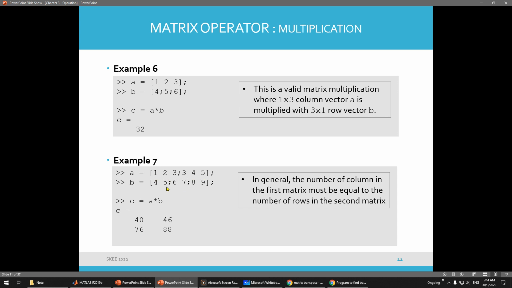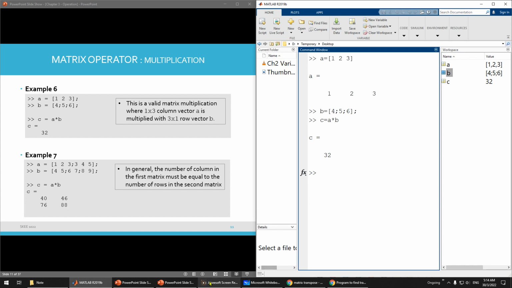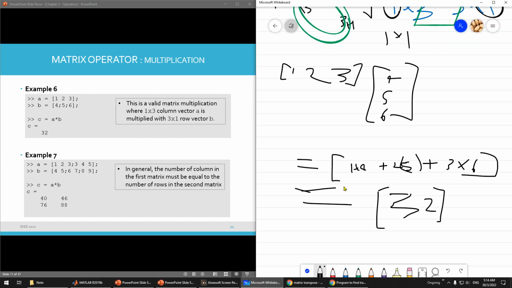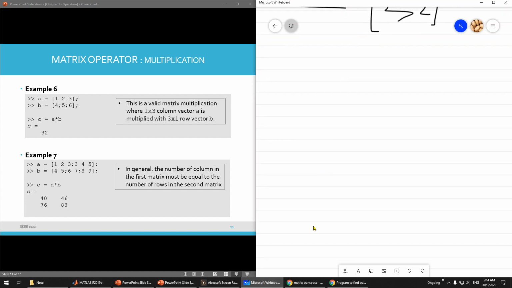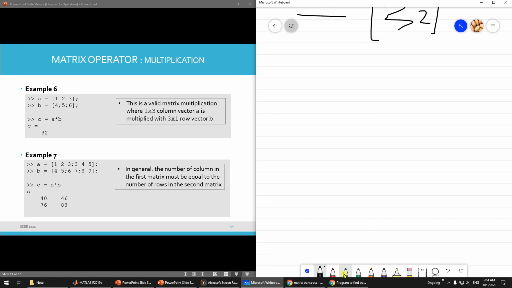1, 2, 3, 4, 5, 6 and 4, 5, 6, 7, 8, 9. Okay, so for this case, of course, I show you the manual way first. Okay, because in your exam you cannot use computer, so you need to know how to do manual.